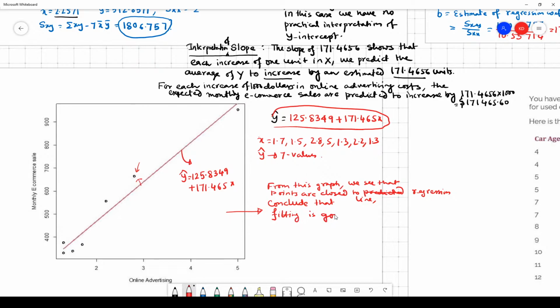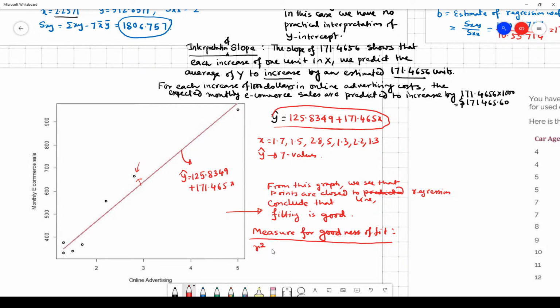Another way we can check the goodness of fit, that is, a measure for goodness of fit. I already told you this in my previous class.